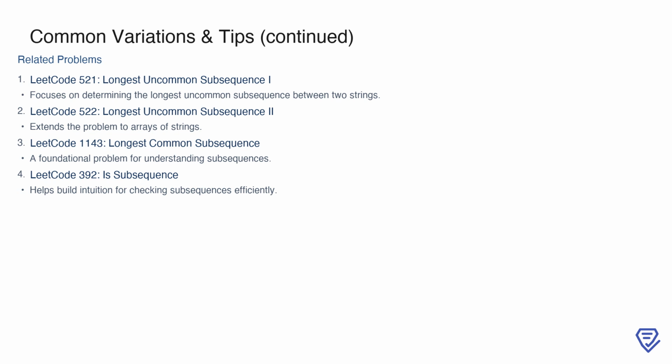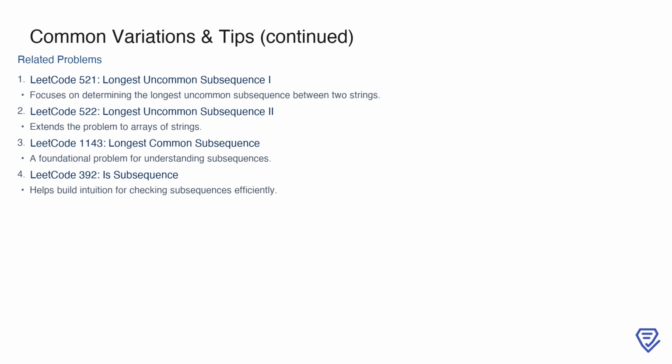Another important problem is LeetCode 1143, Longest Common Subsequence, which is foundational for building a solid understanding of subsequences and often serves as a prerequisite for tackling related challenges. Finally, LeetCode 392, Is Subsequence, teaches efficient methods for checking if one string is a subsequence of another. These problems are interconnected, and working through them provides valuable insights into various techniques and optimizations that can be applied across subsequence-related tasks.